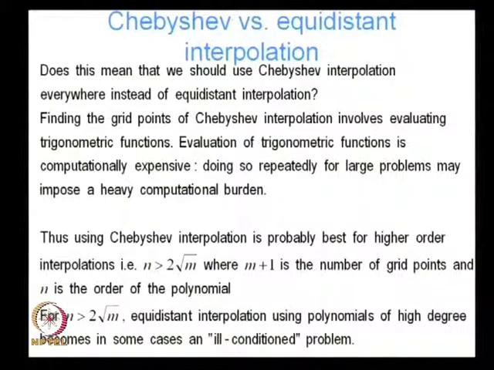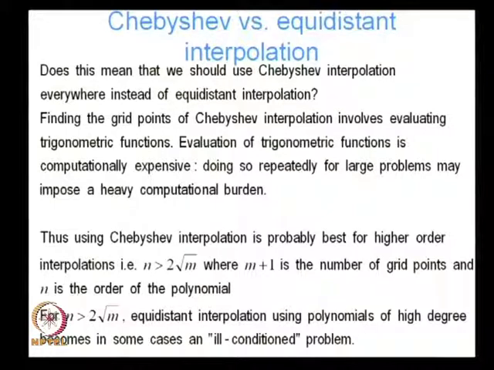I can fit an mth order polynomial, but instead of that, I am going to fit a polynomial of a much lower order, n. If n is less than 2 to the power root m, then I am fine doing equidistant interpolation, but if n is greater than 2 to the power root m, then I should go for Chebyshev interpolation.